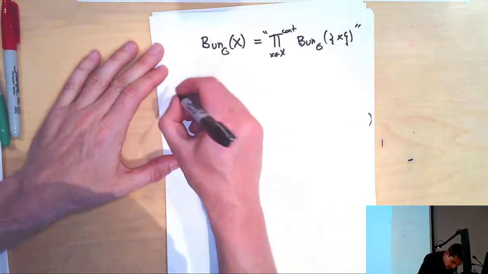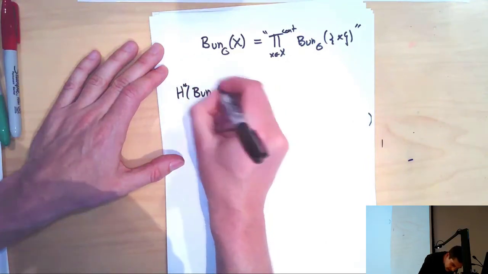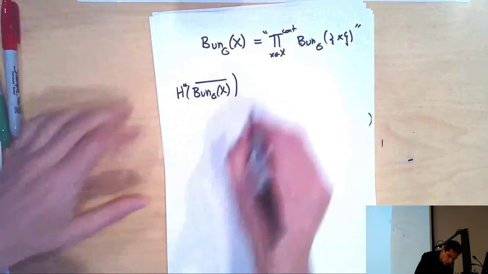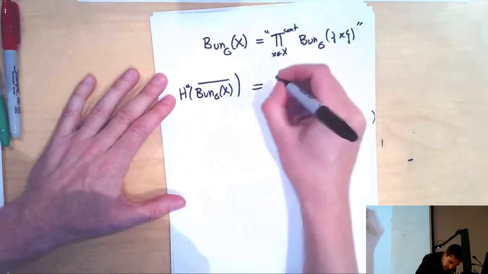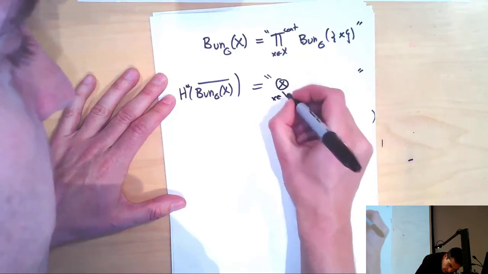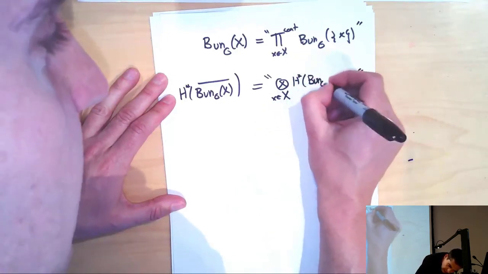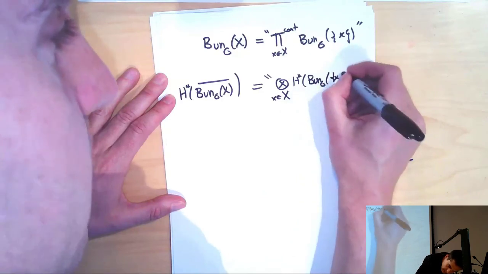And then it ought to say something like the cohomology of Bun_G of X, again, everything over the algebraic closure, should be something like a continuous tensor product over the points of X of the cohomologies of these Bun_G at the individual points.